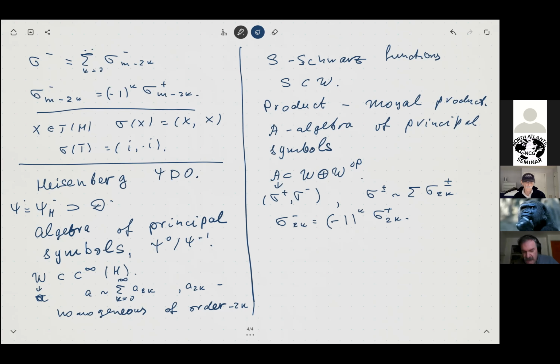Okay. So, again, an example of such symbols would be just a pair of Schwartz functions, right? For them, the compatibility condition here is just empty. Both of them have zero asymptotic expansion.